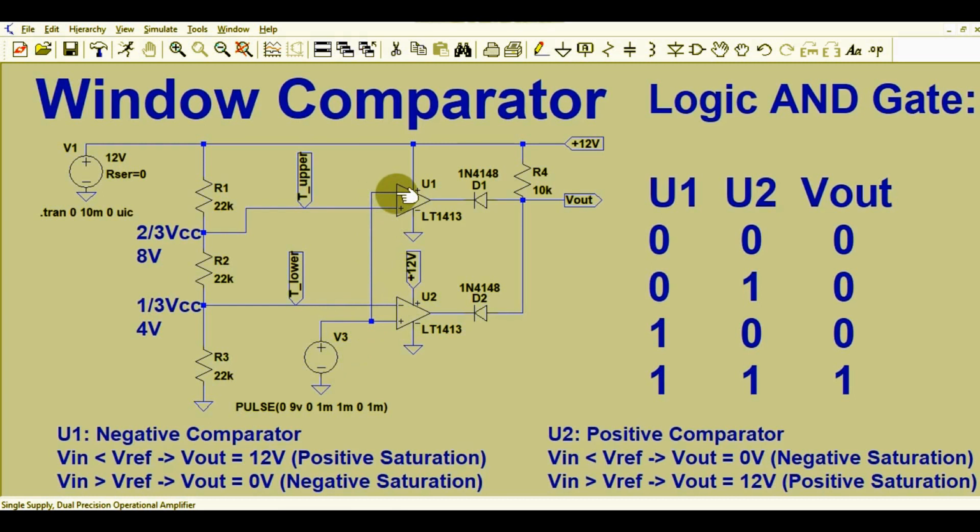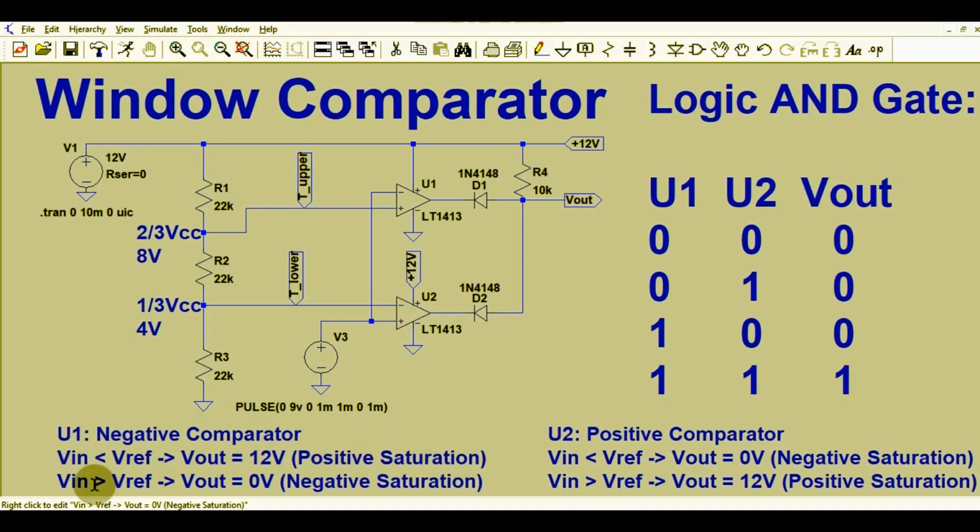So basically this U1 forms negative comparator. We have already understood the working, design and simulation of negative and positive comparator in my previous video. So in negative comparator, if input signal Vin is less than V reference, then V out equals 12 volt. That means op-amp will go towards positive saturation.